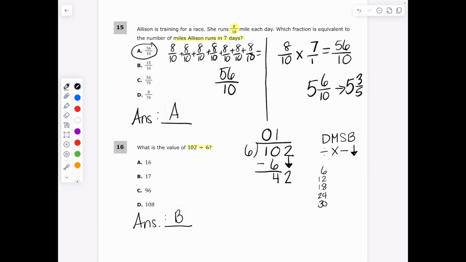So they might skip count until they get to 42 or just not past 42. And they go 1, 2, 3, 4, 5, 6, 7. And they put a 7 up here. Now multiply. 7 times 6 is 42. And I get 0. So my quotient, my answer is 17. All right, hit pause and jot this down into your notes.